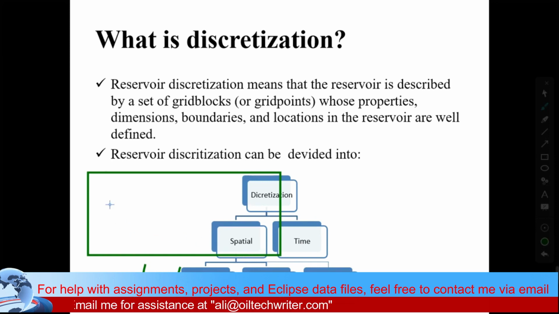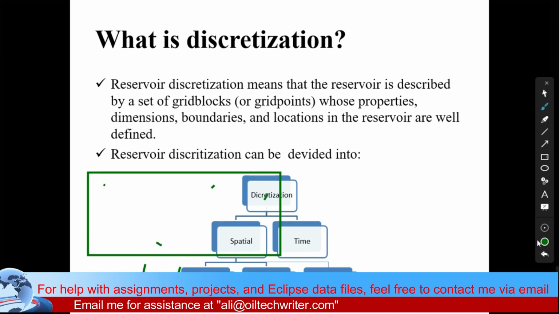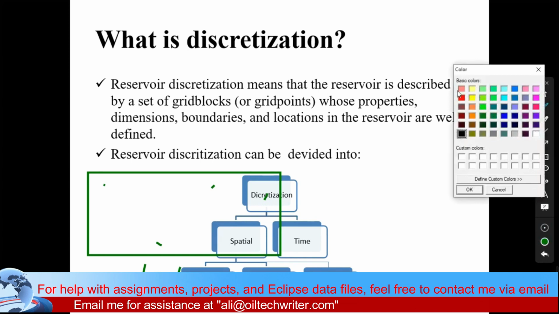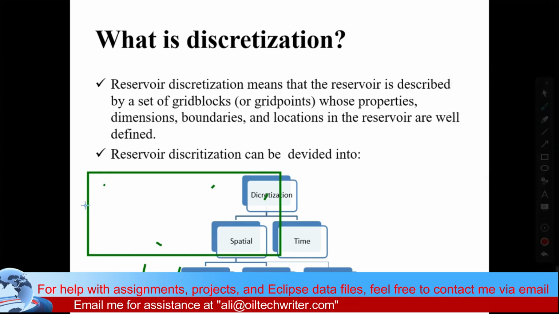But for example, what is the pressure at this point? What is the pressure at this point? How much oil do we have here? It's 10 kilometers.